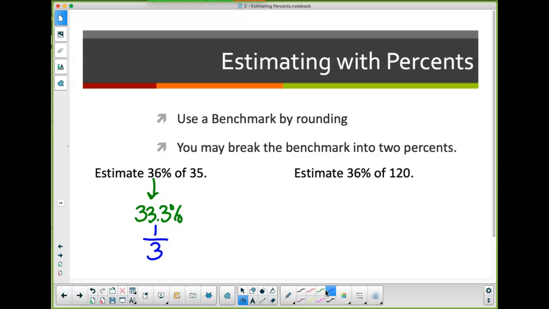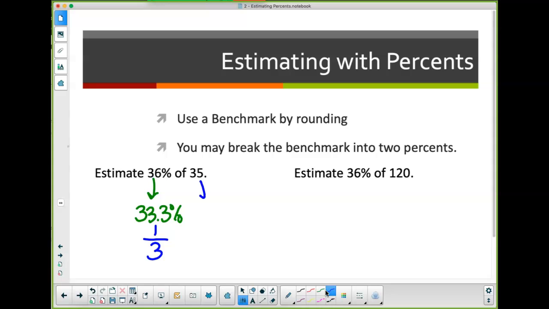Can I divide 35 by 3? Is there a number close to 35 that I can divide by 3? What number close to 35 can be divided by 3? 30? Can 30 be divided by 3?